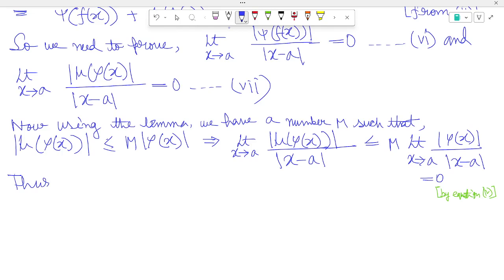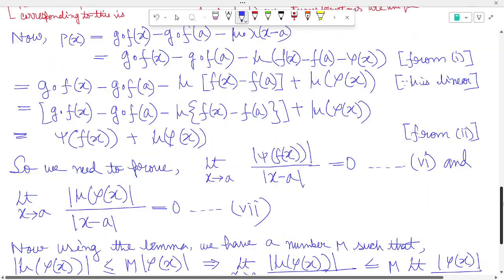Thus limit x tends to a of mu of psi x by mod x minus a is 0. So this is proved. This part is done.